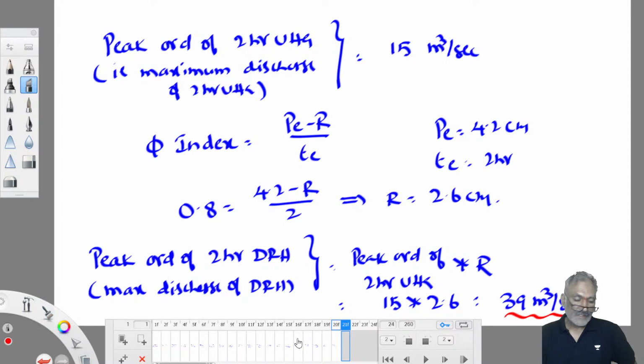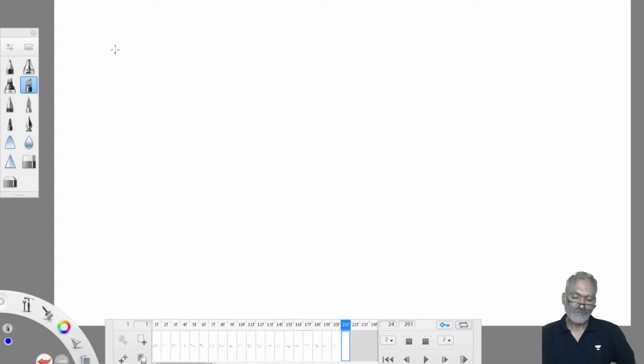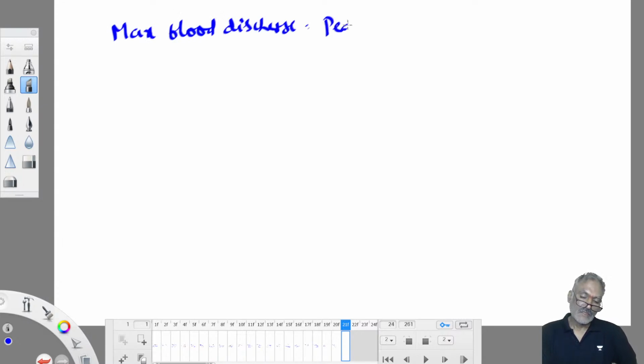Then he is also asking maximum flood discharge. Maximum flood discharge is nothing but P coordinate of 2-hour flood hydrograph.